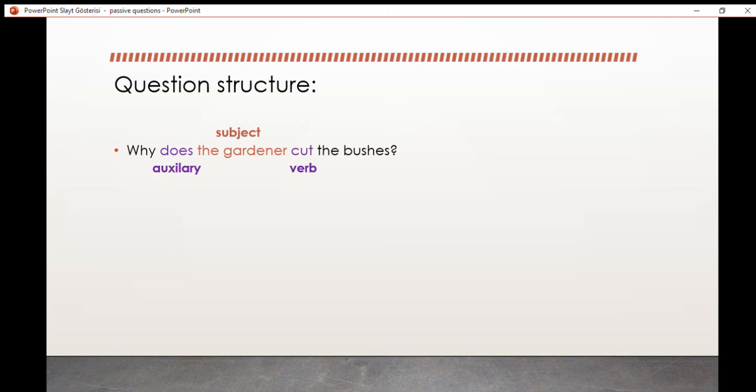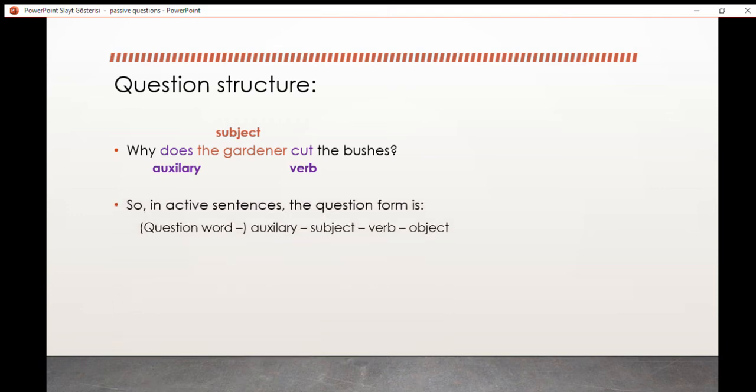It can be in the third form if the question is present perfect or past perfect or future perfect, or it can be in the ing form. So the question structure is: in the beginning we have the question word, auxiliary, subject, verb, and the object. Careful, the question word is in parentheses.